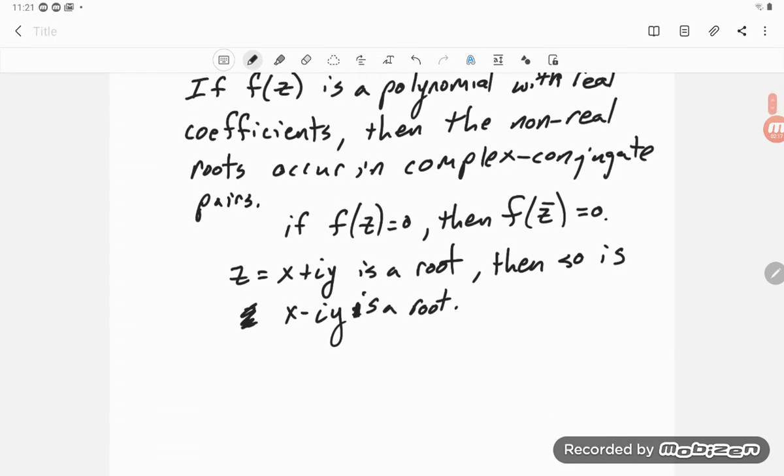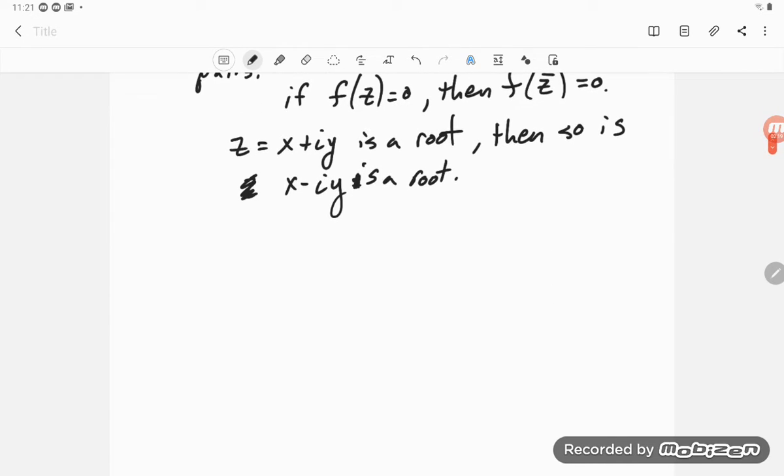And it's a pretty nifty little proof. It uses the fact that 0 is real. So here's a proof. I'm not going to go through their whole setup, but it is pretty short. We're working with this f of z with real coefficients. Then we'll see where the real coefficients come in.